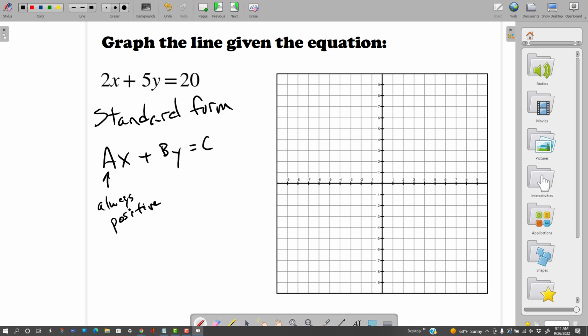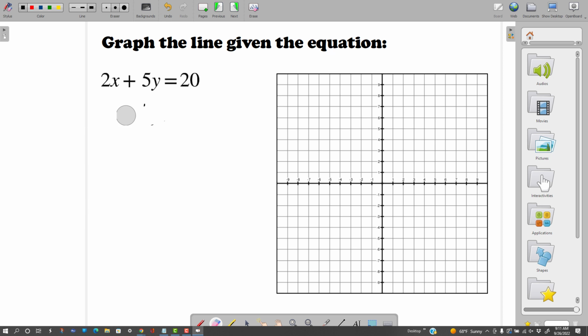So I'm going to take this equation and I'm going to rewrite it in y equals mx plus b form, because once I do that I can find the slope and the y-intercept.